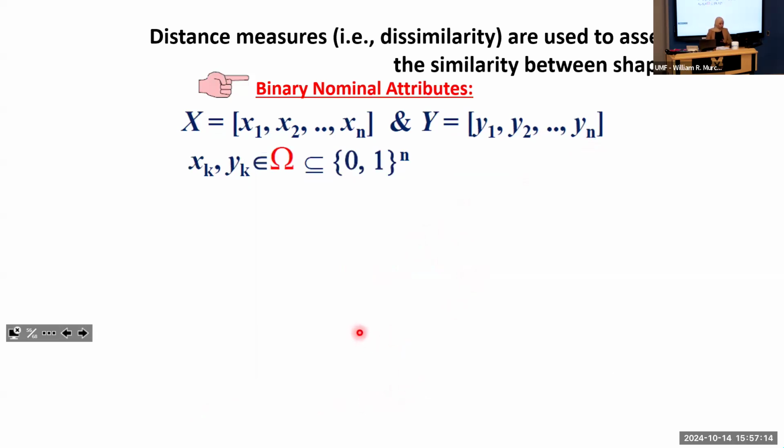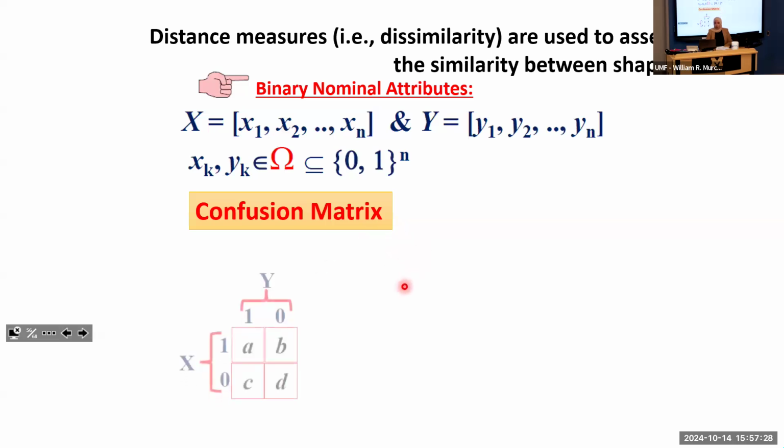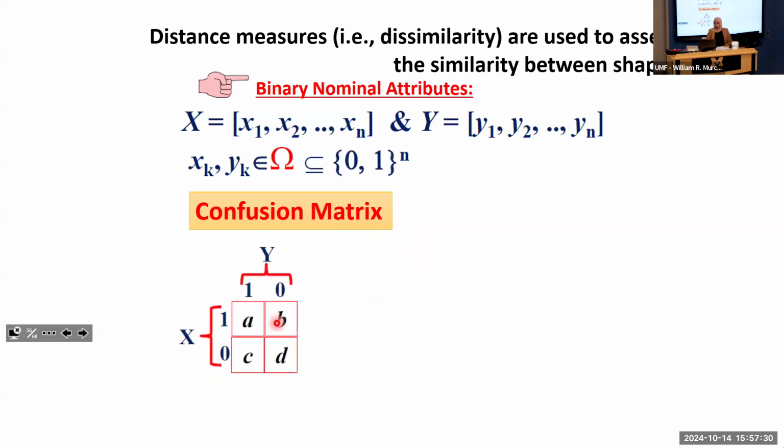Let's first define a particular case of the nominal attributes, which is the binary nominal attributes. In this case, we don't use the distance, we use the confusion matrix, because we know that for each element there are only 2 possible values, like the truth table we have seen so far. So one attribute could be either 1 or 0.